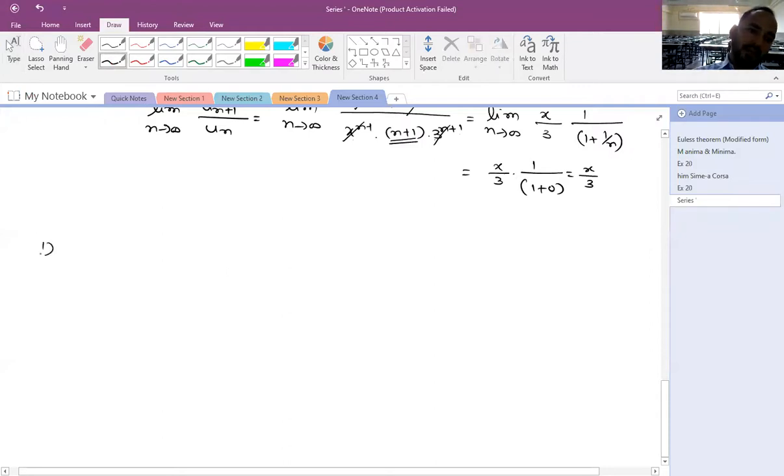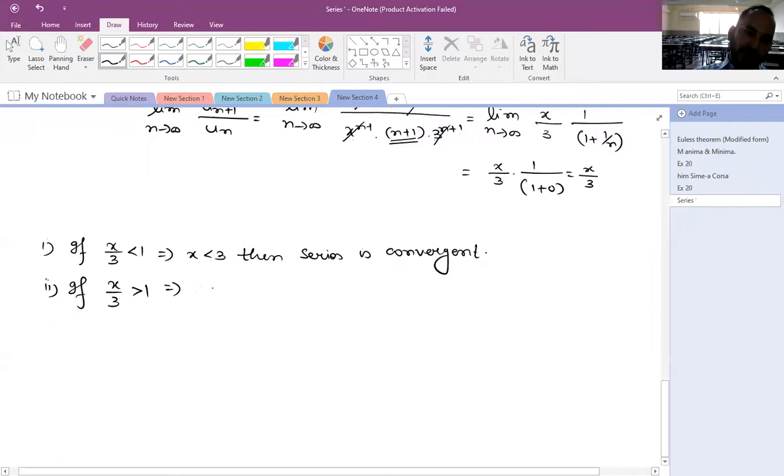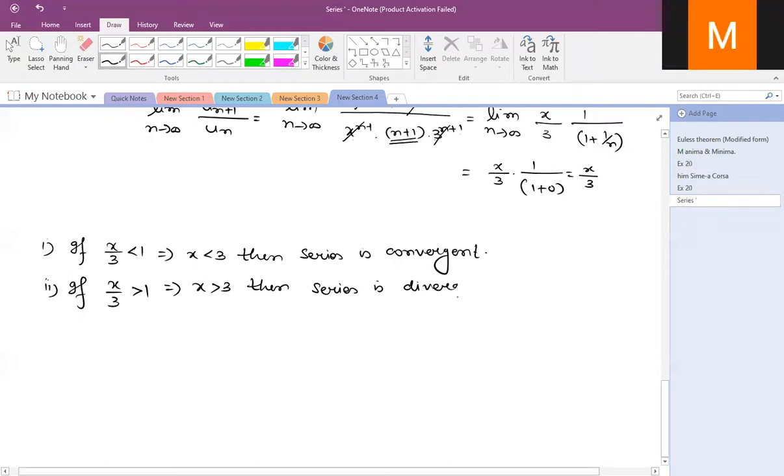So now, if x by 3 is less than 1, that means x is less than 3, then the series is convergent. Second, if x by 3 is more than 1, that implies x is greater than 3, then the series is divergent.